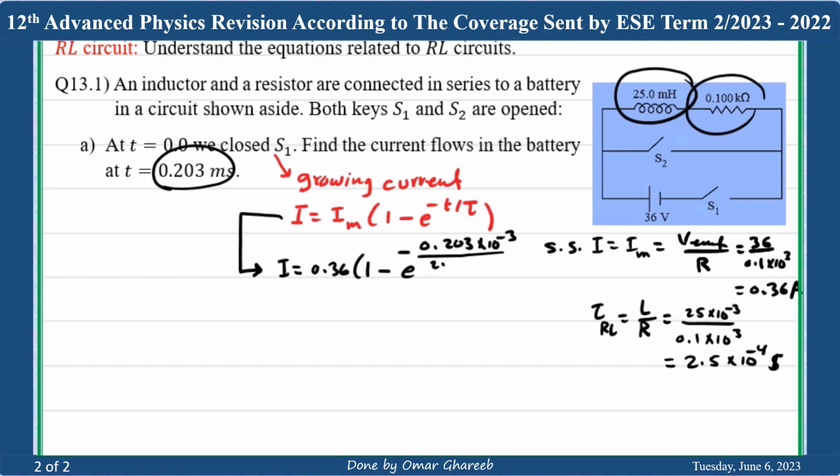Tau is 2.5 times 10 to the minus 4. Do the calculations. It is 0.2 amperes.